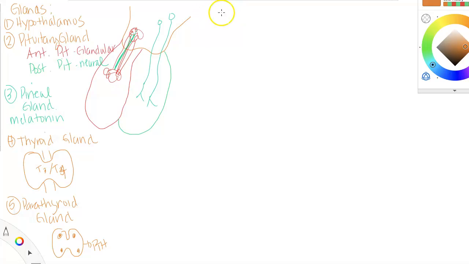All right, the next gland is the adrenal glands. So adrenal glands are little glands that are located on top of the kidneys. So if that's the kidney, looks like a bean, it's located on top there.